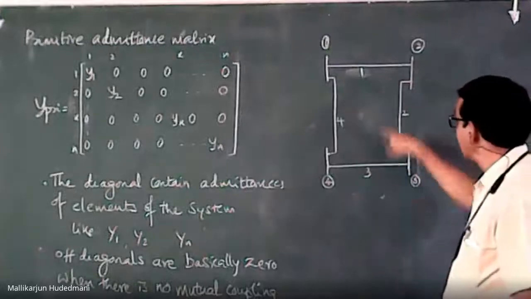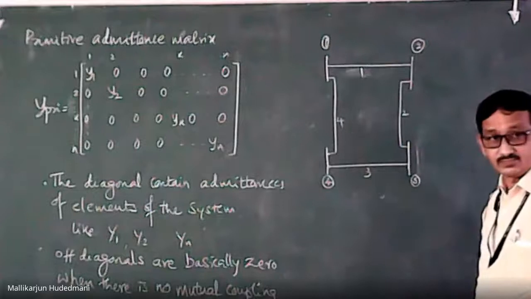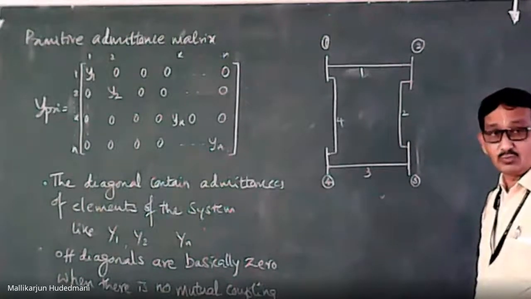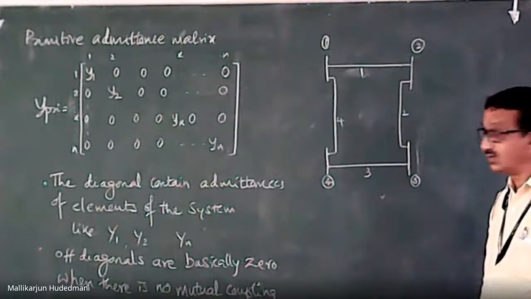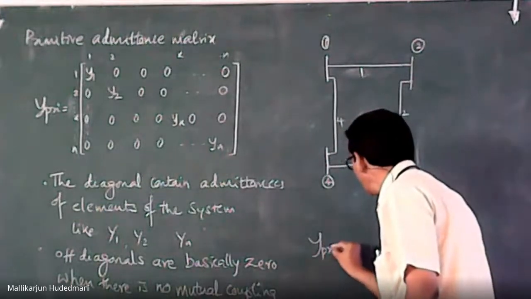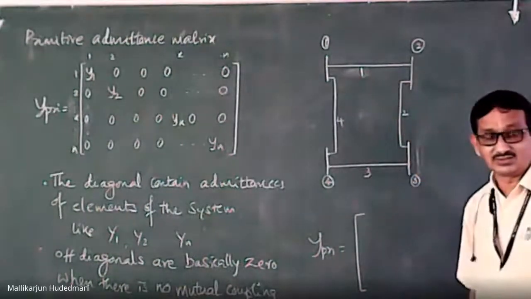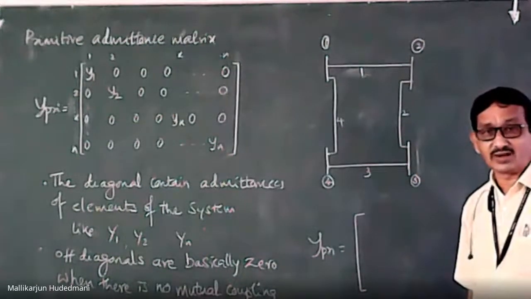What exactly does it represent for you? It represents 4 elements of this system. How can the Y primitive matrix of this system be framed using this concept? It should be Y primitive equal to, first the dimension. What is the dimension of this matrix?